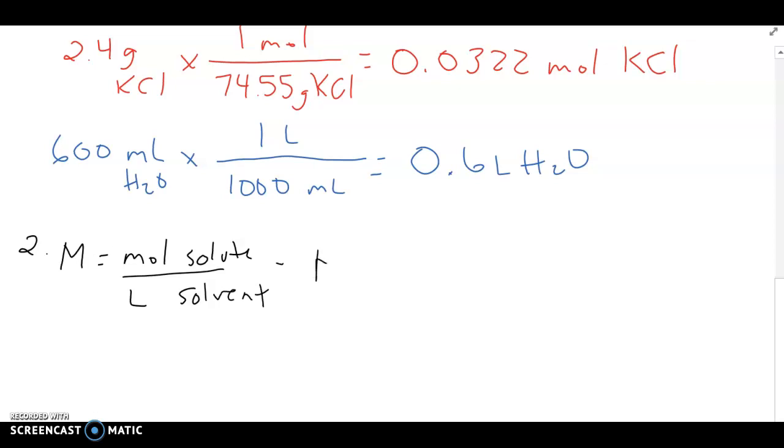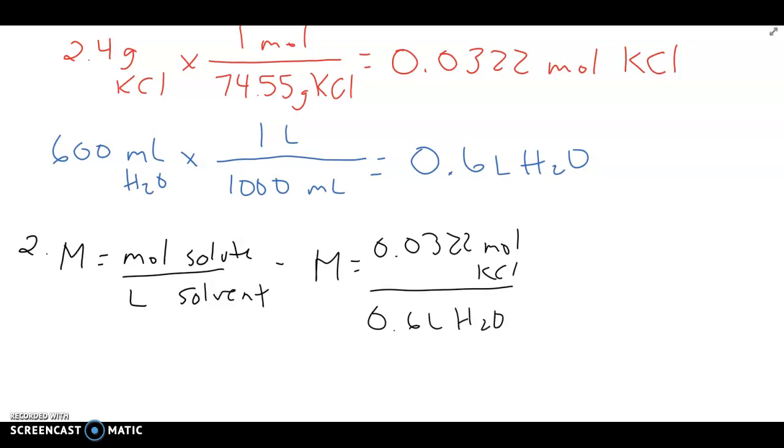So then we have M equals 0.0322 moles KCl over 0.6 liters H2O, and I do my division there, and so I get M equals 0.0537 molar KCl solution.